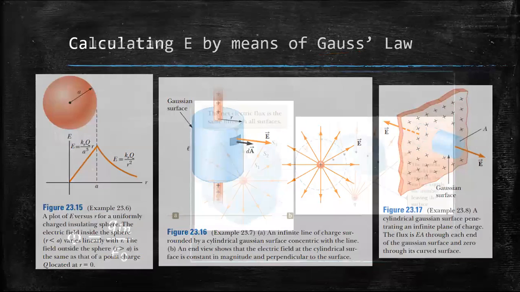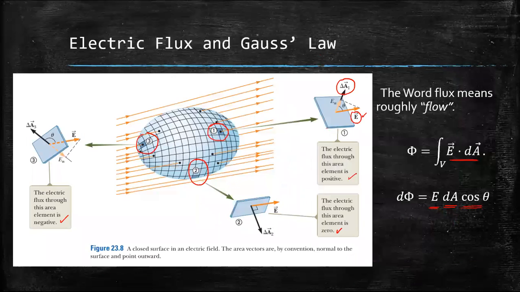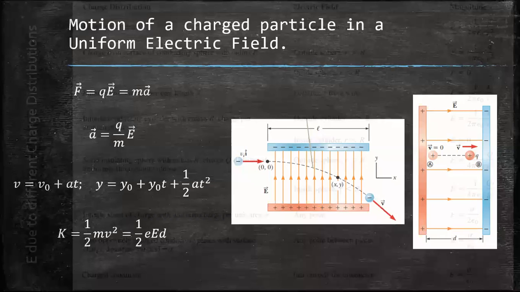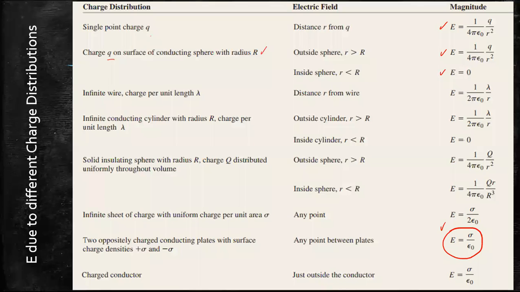Let me show them again for you. I have here the formula sheet at the end of part 1, which is this one here. So you can see, for example, in this case here, we have a solid insulating sphere with radius r. So for the outside of the sphere, we have this expression.